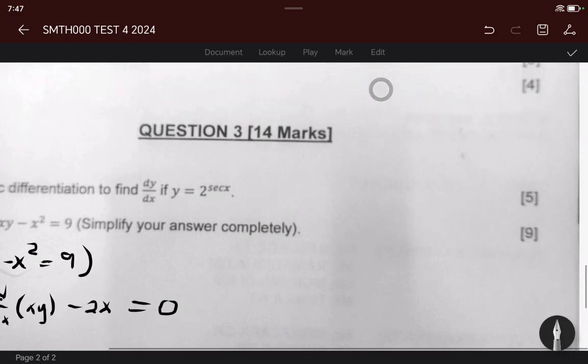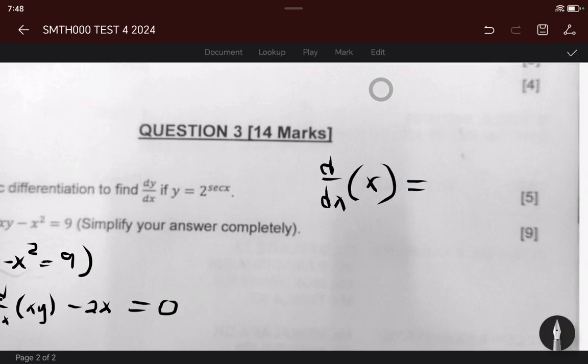Remember, if I'm deriving x, what I'm saying is that when I derive x, I get 1. But this is read like this: I'm deriving x, the variable that I'm deriving here is x with respect to x.